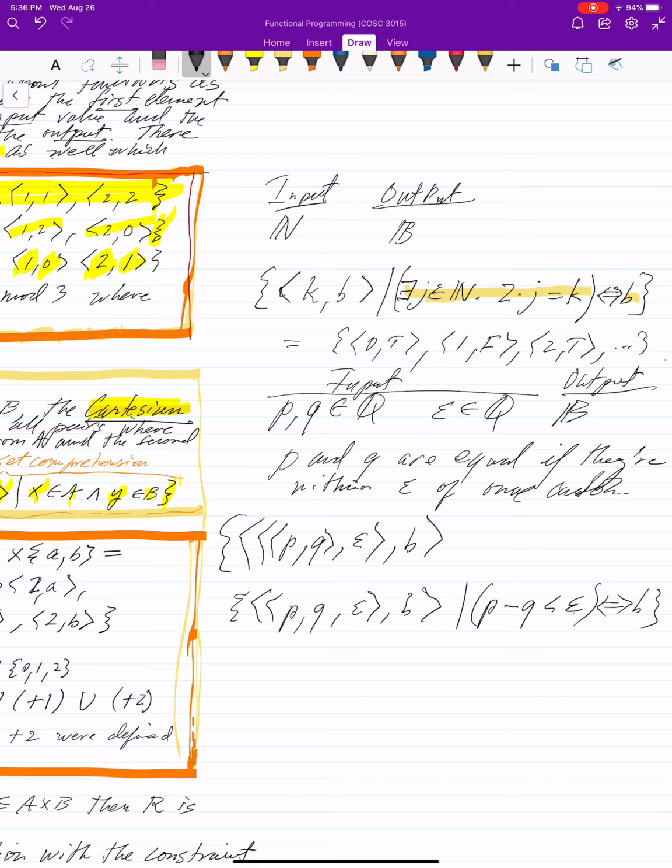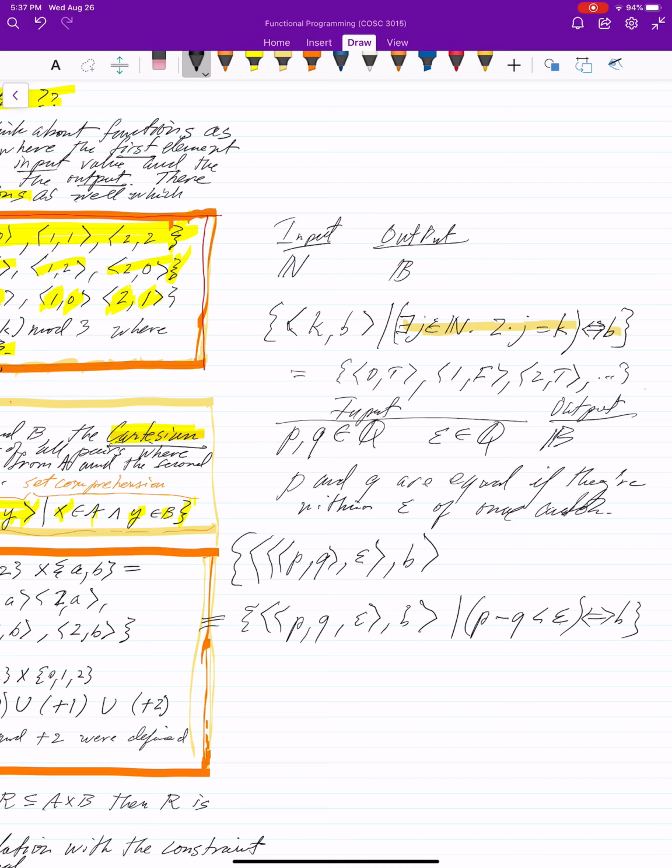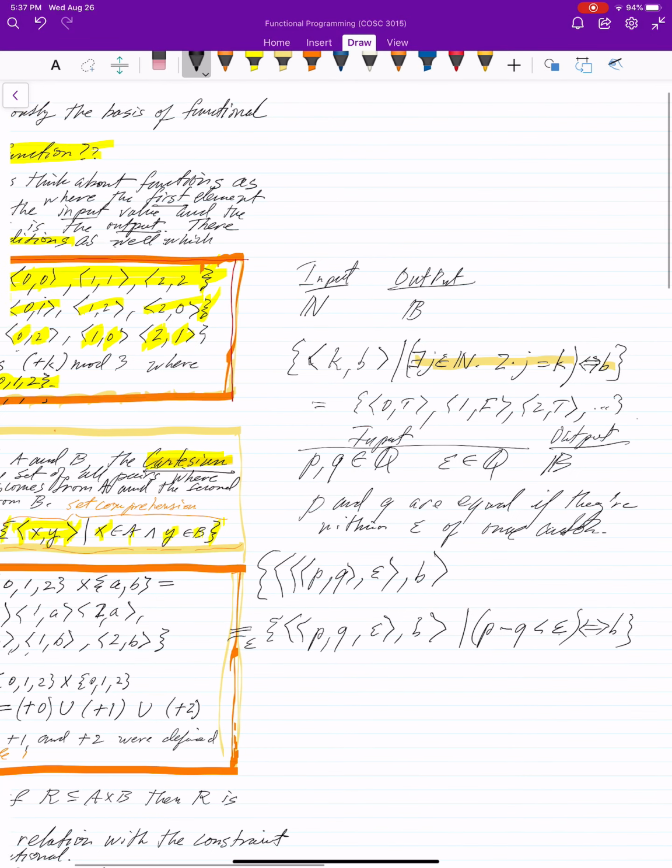If you don't care about, let's say, more than one decimal place of precision, then under this relation, let's call this equivalence mod epsilon, or modulo epsilon, we could write this as P equals Q with the epsilon under it.